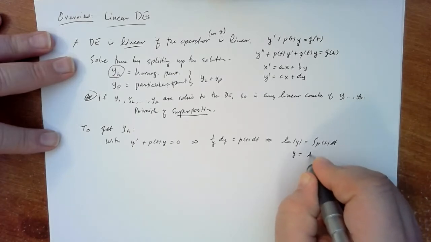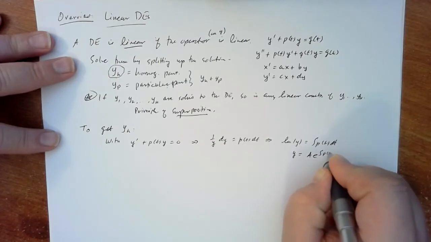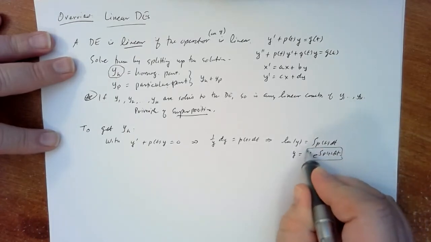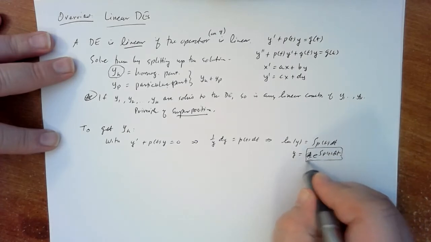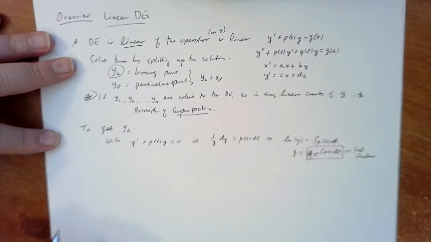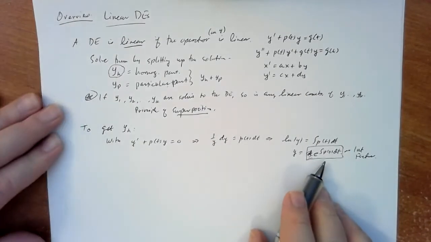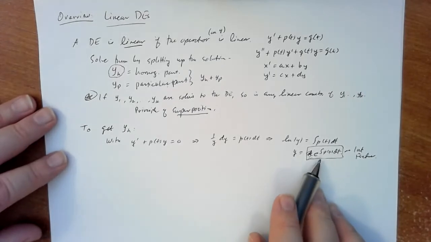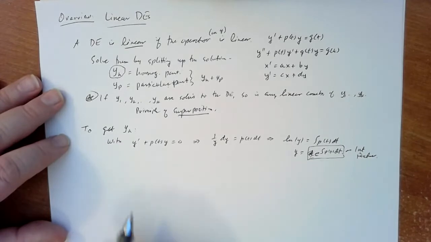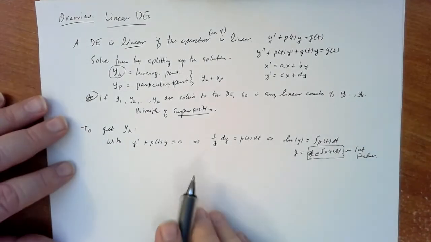So I could say a e to the integral p of t dt. Okay, we've seen that expression before, because without the a here, that is actually the integrating factor. And so we see that this is also the homogeneous part of the solution for first order differential equations. We didn't talk about that before, but that's what it really is.